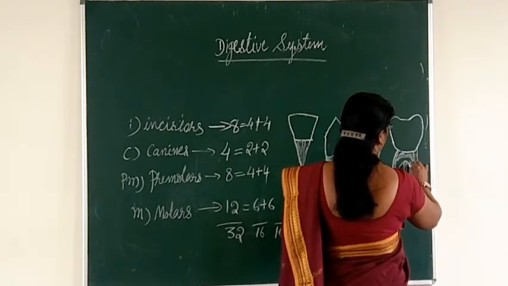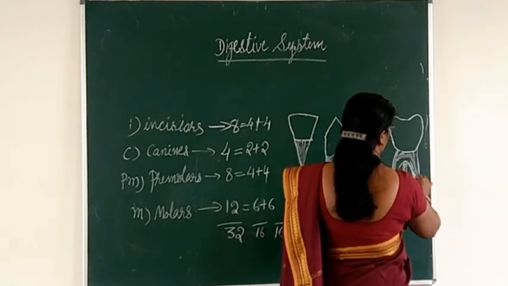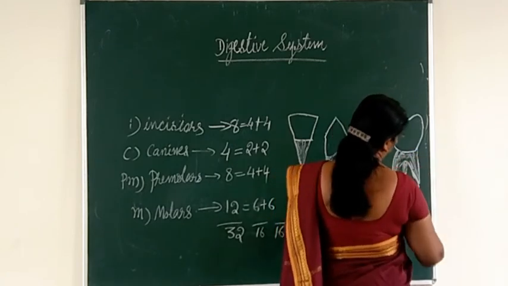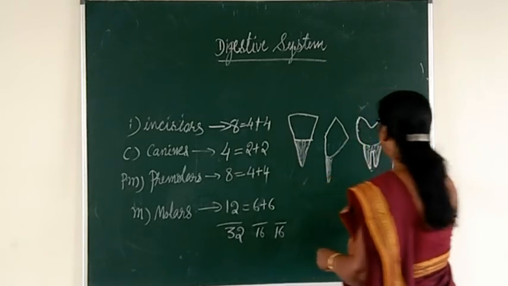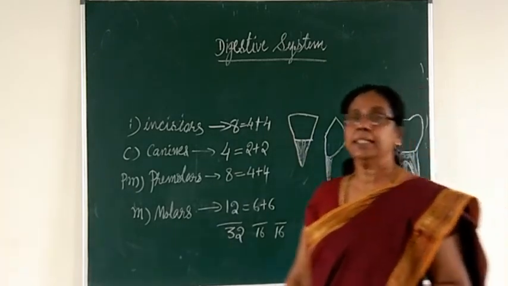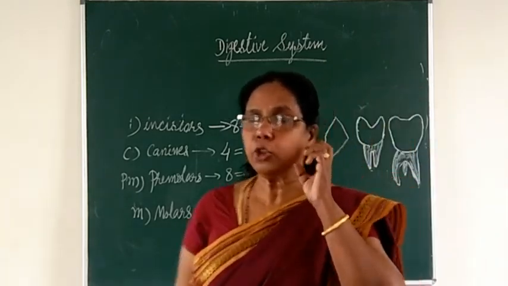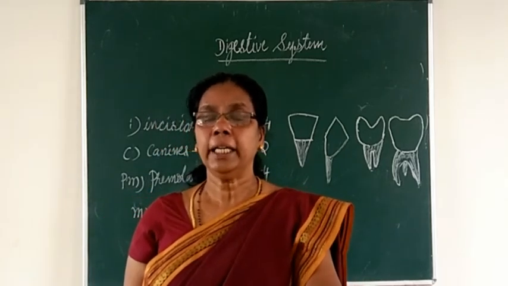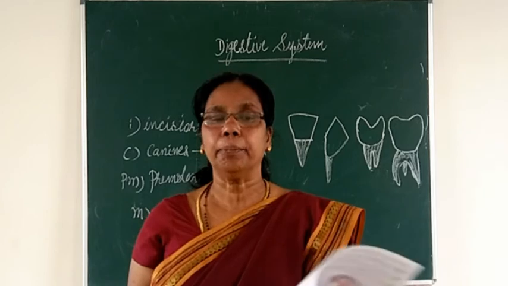The last tooth is called what? Molars. Here totally it is 12 in number, and 3 roots you can see in this because it is so strong. Last teeth now, so strong, and 3 roots you can see here.